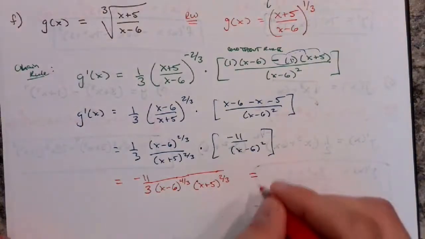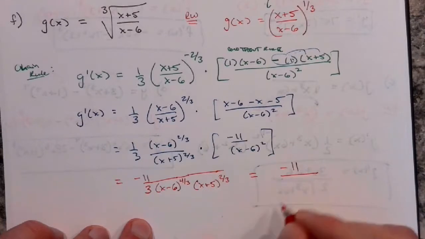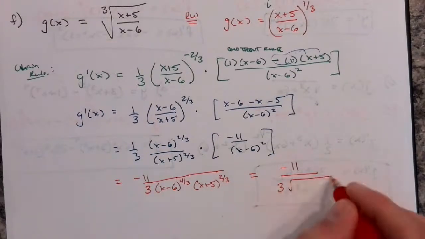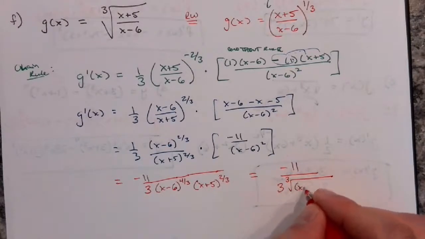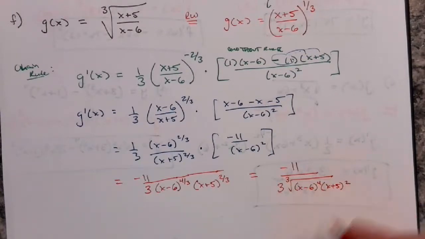So you could leave it like this. That's fine. You might also see it written with negative 11 over 3 times... If you're looking at this third, it really means cube root. You could write this as the cube root of x minus 6 to the 4th times x plus 5 squared.